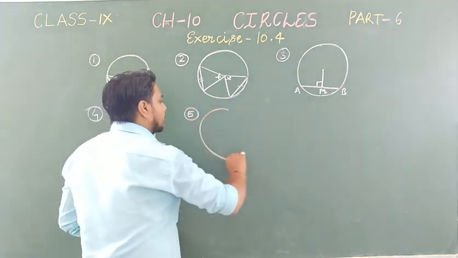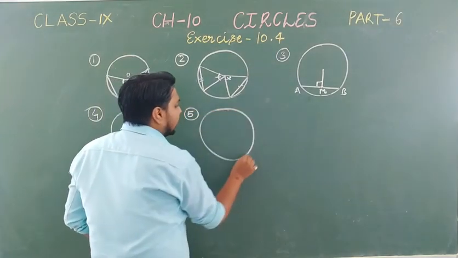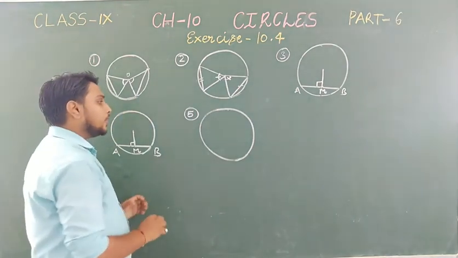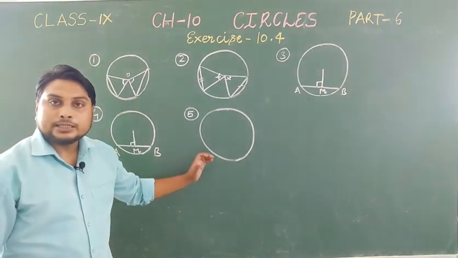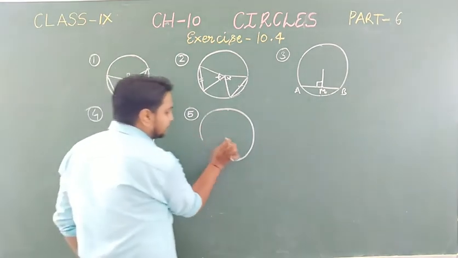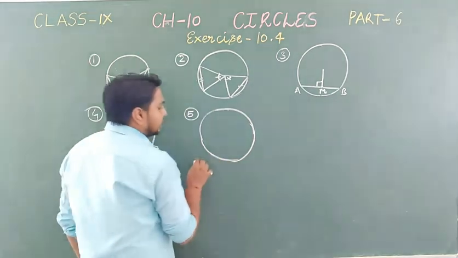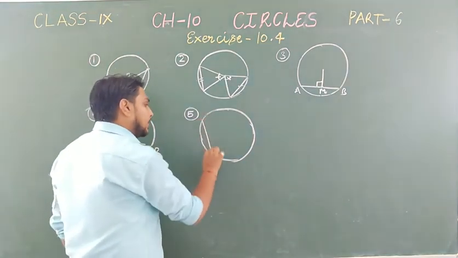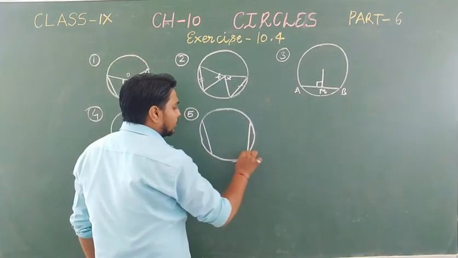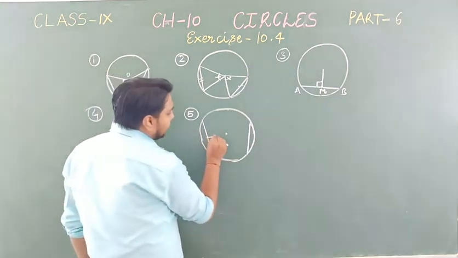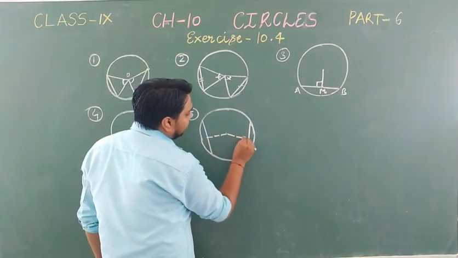The fifth result we have studied is about equidistant chords: if 2 chords are equal, then they are equidistant from the center.